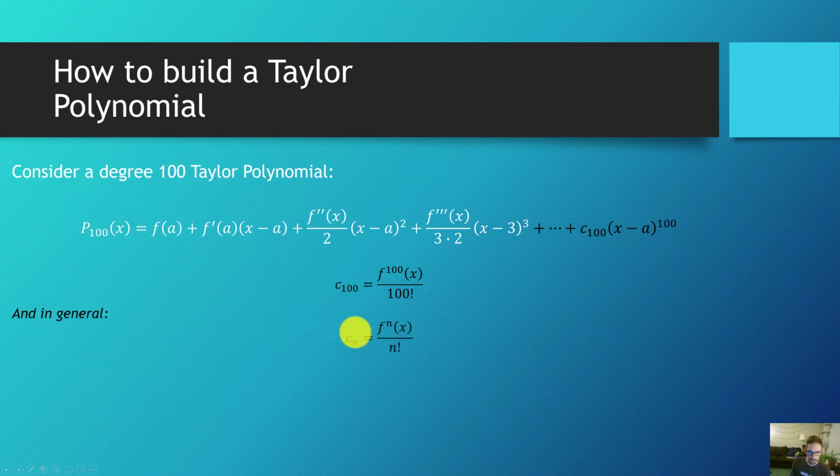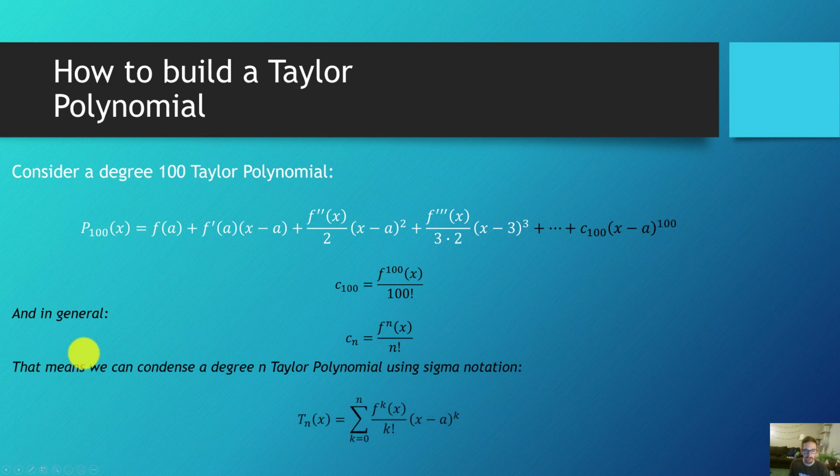In general, for the nth coefficient, we take the nth derivative at a divided by n factorial. So we'll use sigma notation to condense this, because we don't want to write an infinite number of terms, or even just 10 terms. We'll use this notation. You can use a T or a P, it doesn't really matter, but I tend to use T for Taylor polynomial.